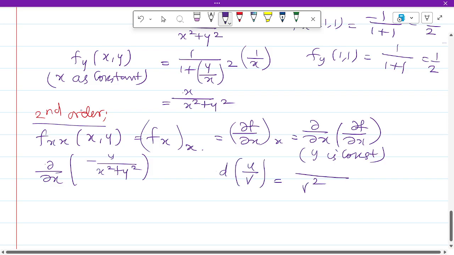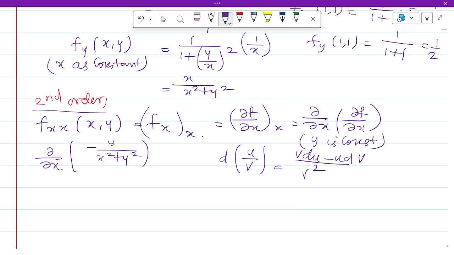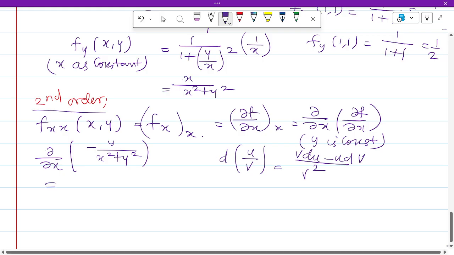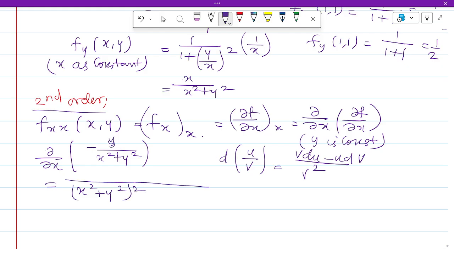Therefore we can write this as x square plus y square whole square in the denominator, because it is in the u by v model. Here numerator is u, denominator is v.